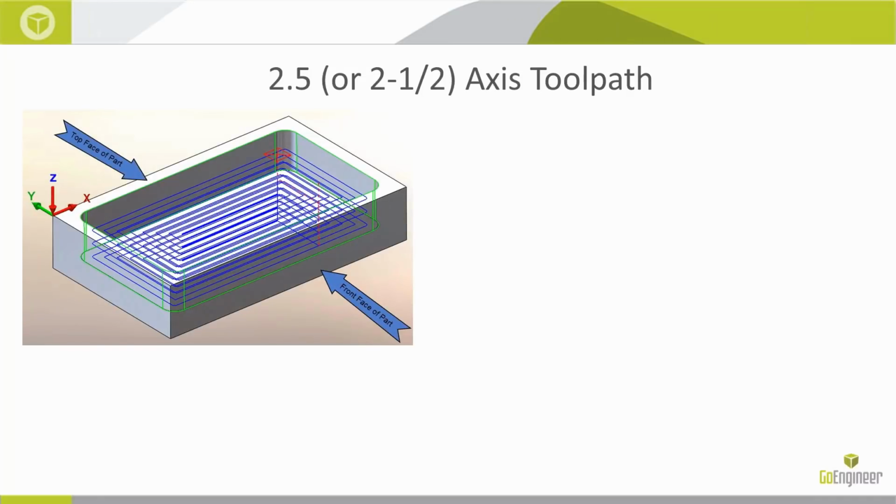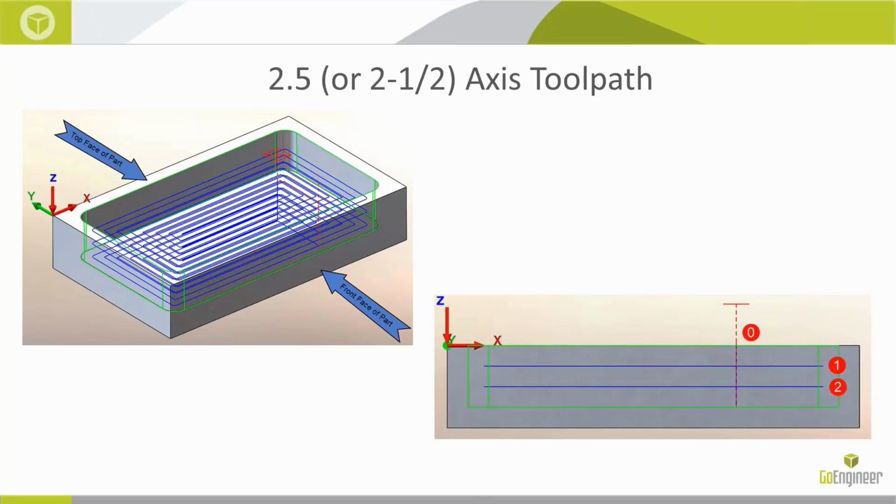In this example, the toolpath in blue will move in X and Y directions simultaneously. Once it reaches its position, it'll move down in the Z direction. It'll start at 0, which is the top surface, and then drop down to level number 1, and then move around in X and Y direction. Once it reaches its position, it'll move down into level number 2.